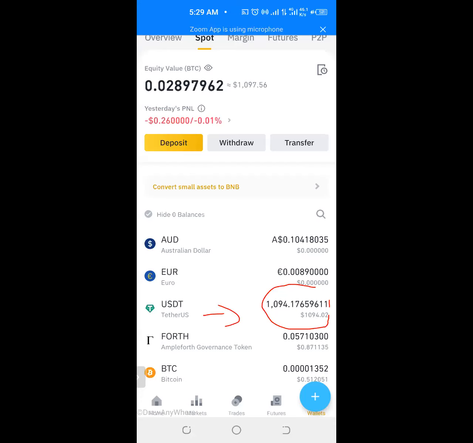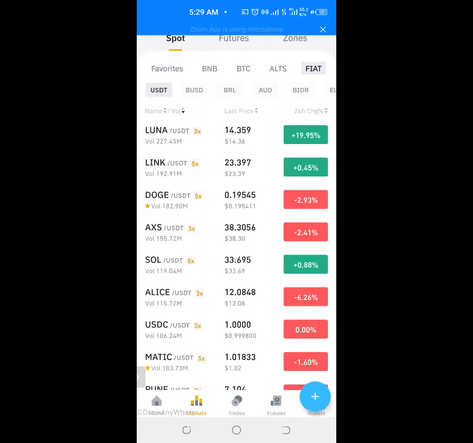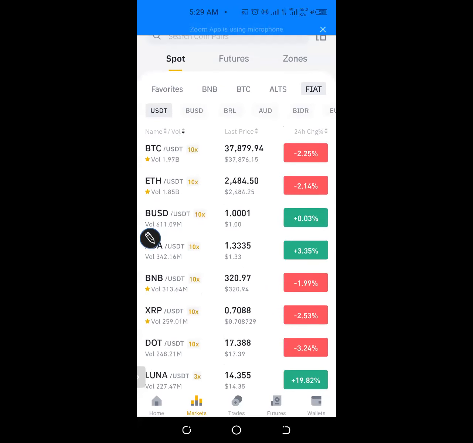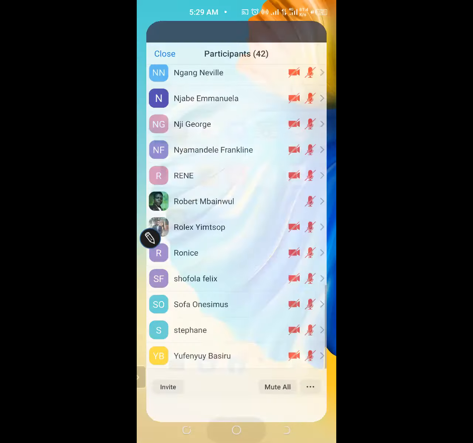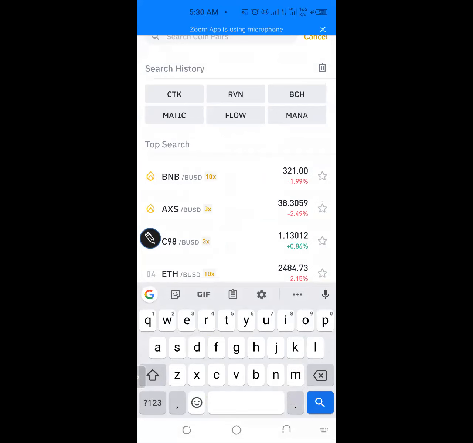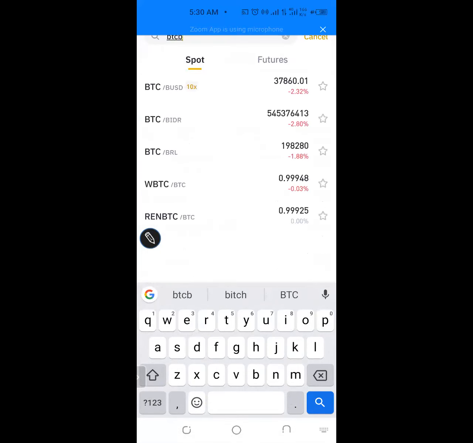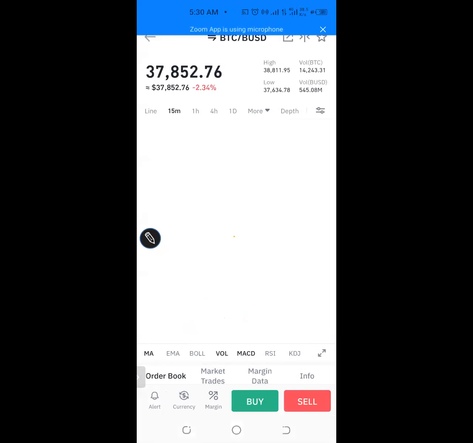The pairs you are trading must match your balance. That's one thing I want to tell you. Let's say you want to trade BTC and Binance USD.